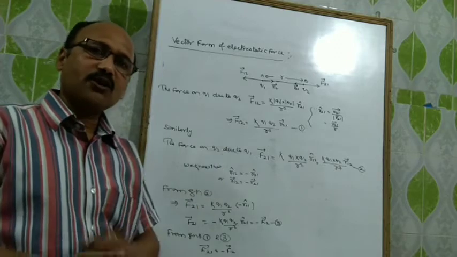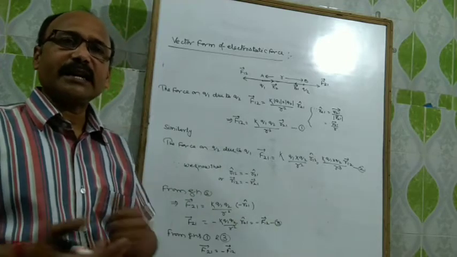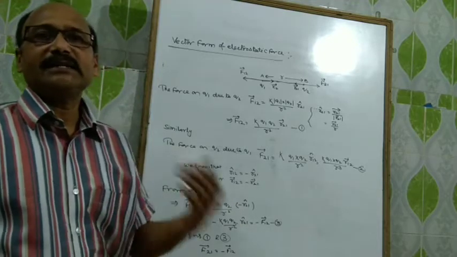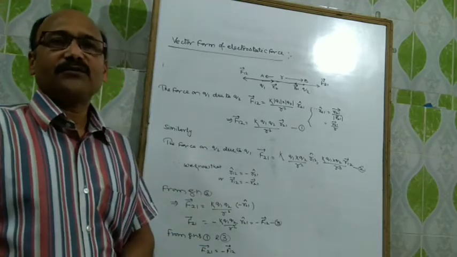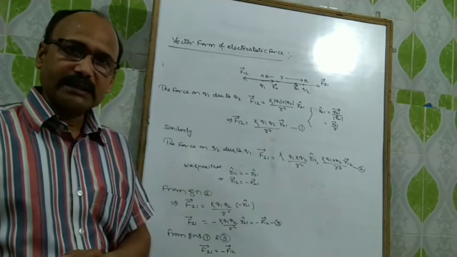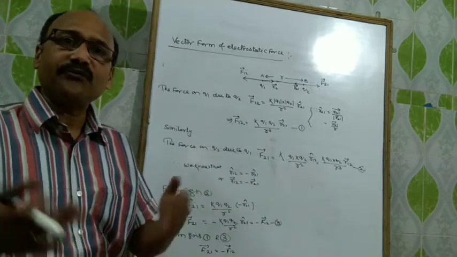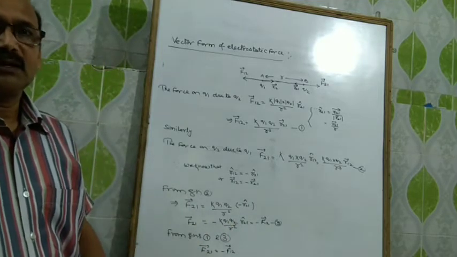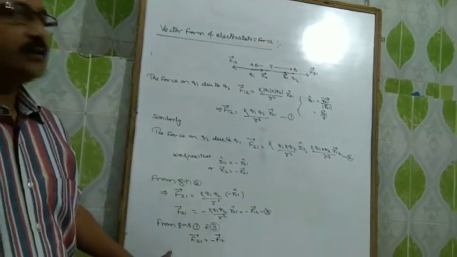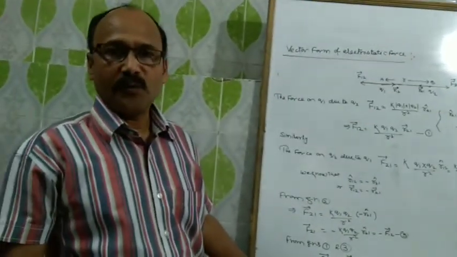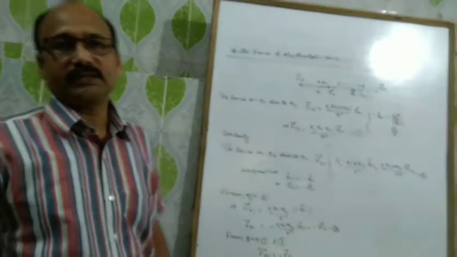Because in Newton's third law of motion, you have studied there are two forces: one is the action force, the other is the reaction force. Both forces are equal in magnitude and opposite in direction, and both act on two different bodies. That is the proof that the electrostatic force obeys Newton's third law of motion.